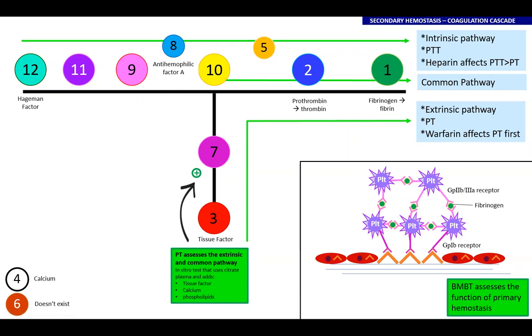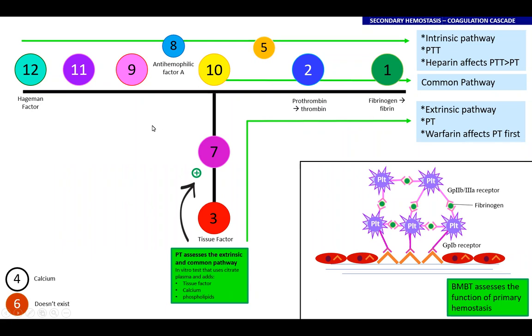So even if you have a thrombocytopenia, that's not going to affect your PT because you're adding in phospholipids. So it's going to have as much phospholipids as it needs. It's going to have as much calcium as it needs. And then we add tissue factor to trigger the extrinsic pathway. So when you add those things, then coagulation proceeds along this pathway, 3, 7, 10, 5, 2, 1.